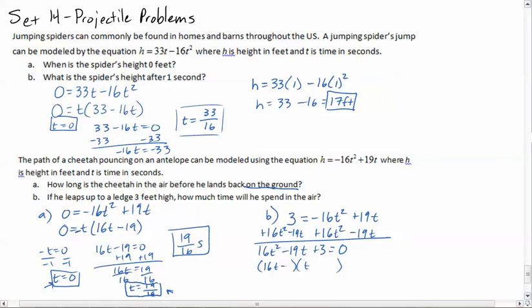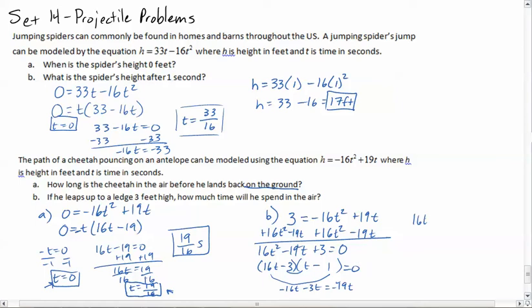They've got to give me a negative, so it's got to be minus minus. And so 3 times 1 for the 3. And so we go 16 times 1, which is negative 16, and negative 3 times 1, which is negative 3, right? Negative 16t, negative 3t, which gives me a negative 19t, which checks out. So this is correct, equals 0.